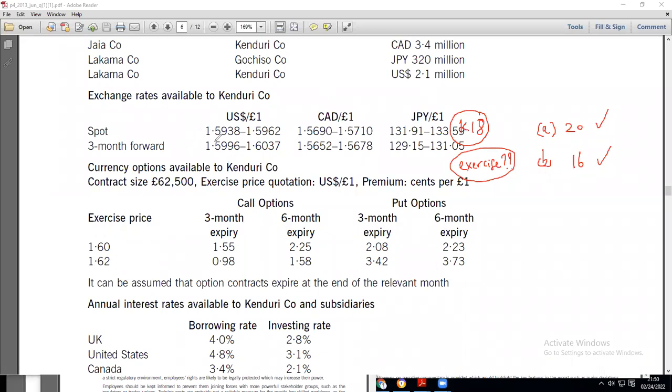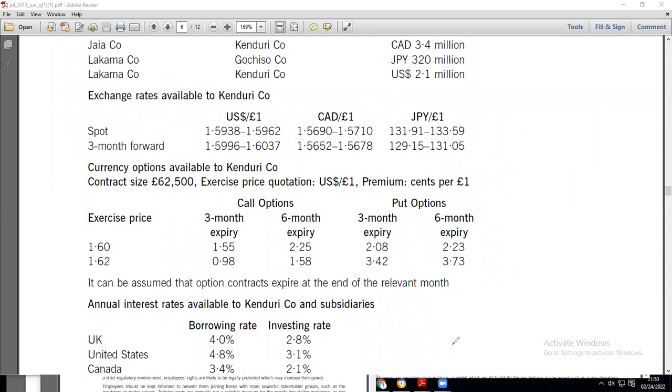Again, the bank is still selling. So this is the rate here. So that amount which was not hedged will be hedged using the forward. And this is the rate, 1.5996. Otherwise, you don't have enough money because you round it down. $1.5996.